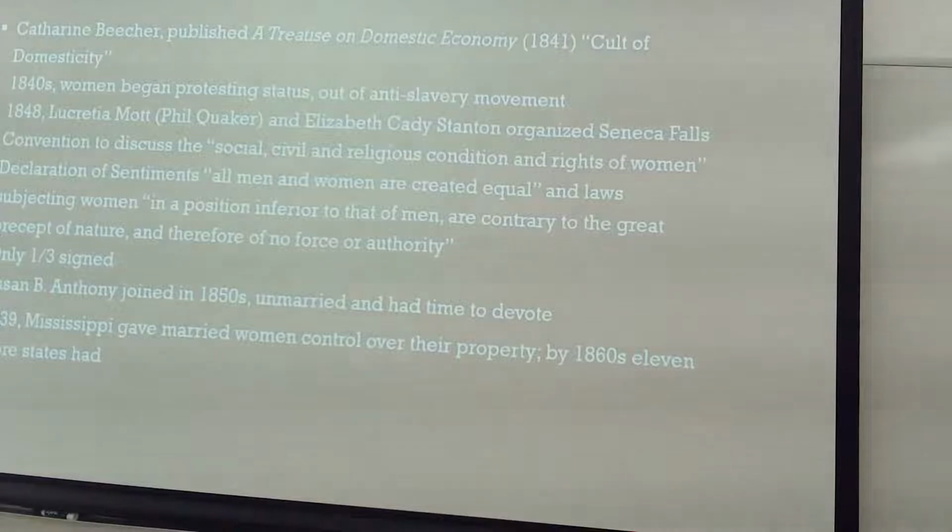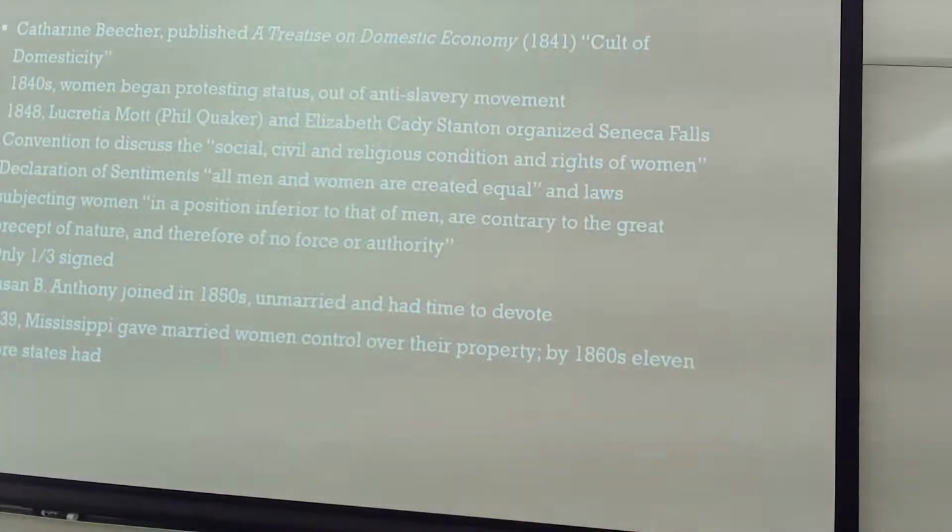And by the 1840s, women were starting to protest their status. And a lot of it comes out of the anti-slavery movement. In 1848, Lucretia Mott, who was a Philadelphia Quaker, and Elizabeth Cady Stanton organized a convention at Seneca Falls to discuss the, quote, social, civil, and religious condition and rights of women.